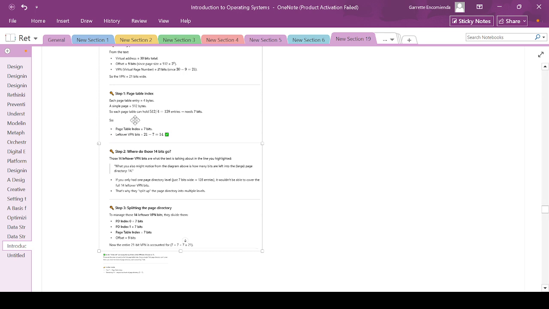A single page equals 512 bytes. So each page table can hold 512 over 4 equals 128 entries, which needs 7 bits. So the page table index equals 7 bits.